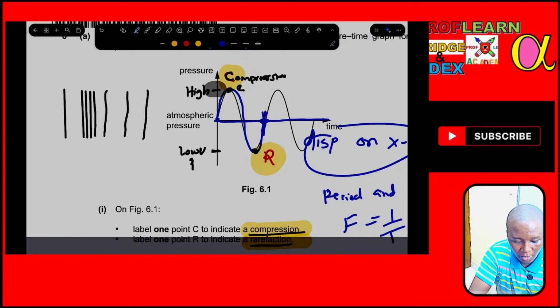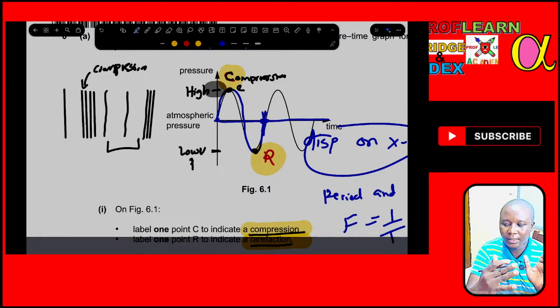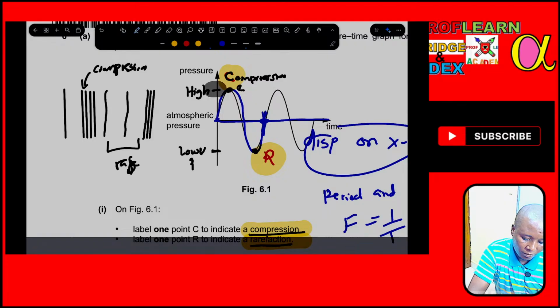This region where we have the lines very close, this is called what? Compression. So this region here is compression, and this region we have quite relaxed, the lines are relaxed. This is called a rarefaction.